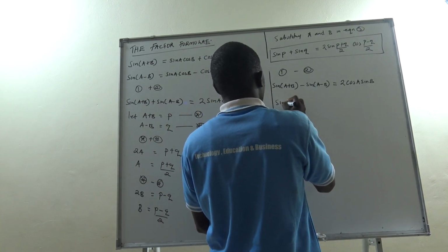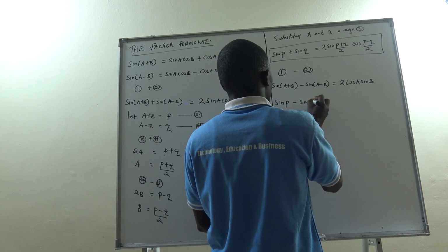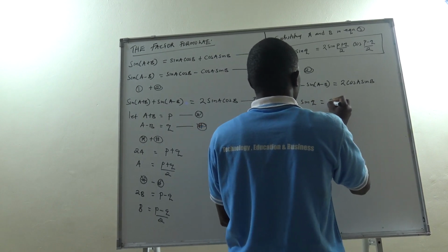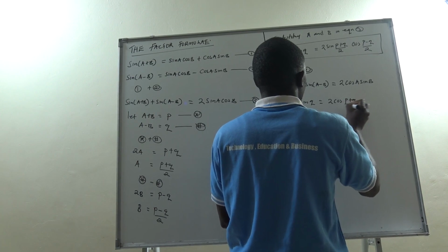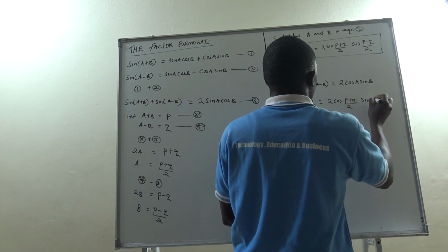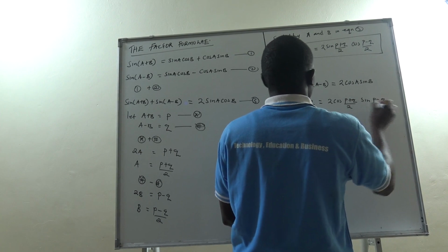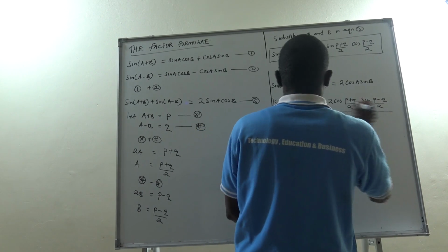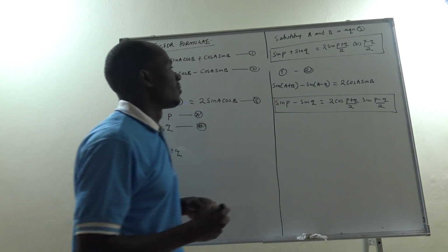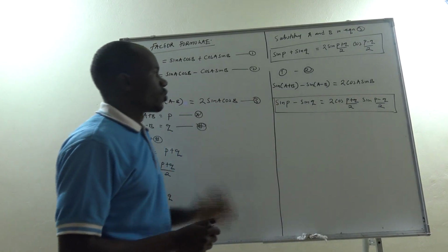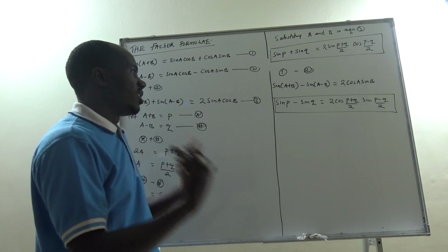So we are getting sin p minus sin q equals 2 cos of (p + q) by 2, then sin of (p - q) by 2. This is another factor formula for sin minus sin. So after deriving those, we continue to derive more and more.